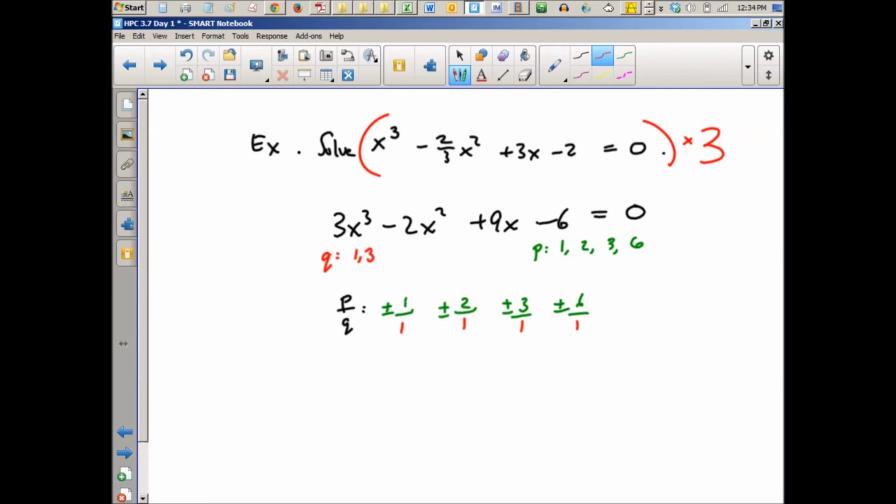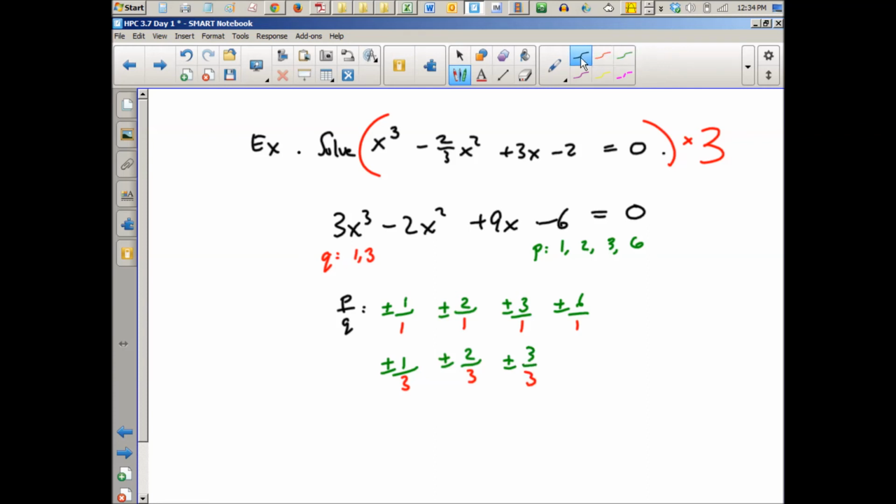And we also can have a denominator 3, so we could have plus or minus 1 over 3, plus or minus 2 over 3, and plus or minus 3 over 3, which is actually redundant.